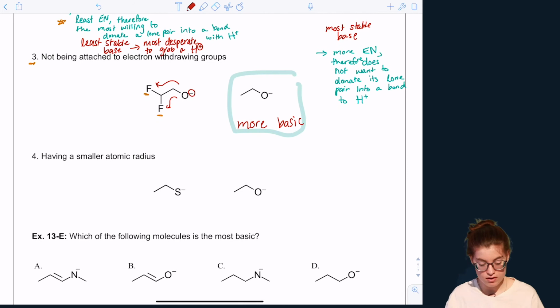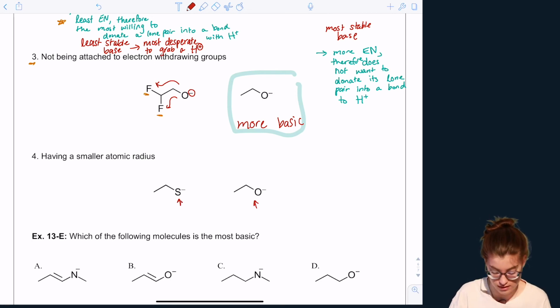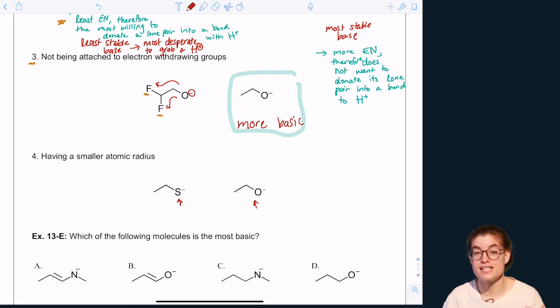All right, having a smaller atomic radius. Again, this molecule here where the oxygen has a negative charge versus sulfur with a negative charge, right? So oxygen having a negative charge is not as stable as sulfur having a negative charge because sulfur is larger, so it can accommodate an extra electron more easily than oxygen would.